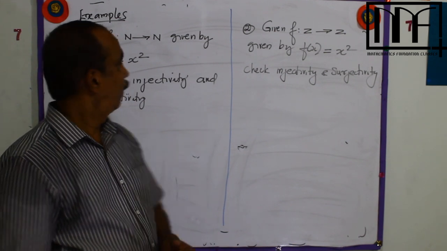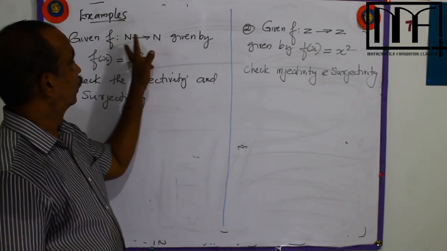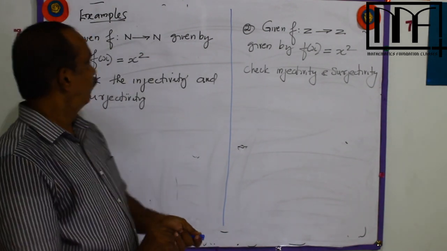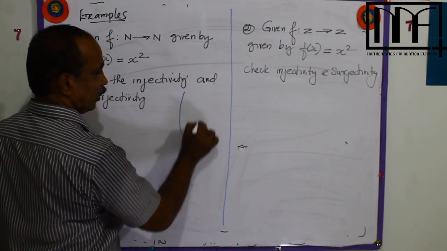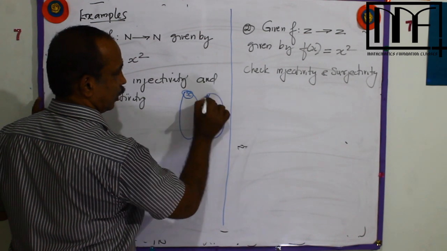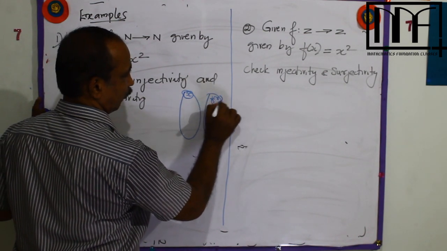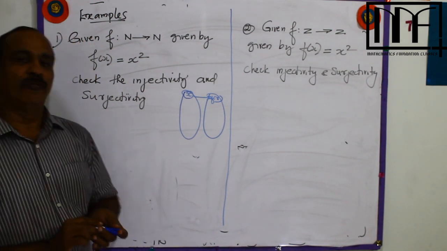We can see some examples of injectivity and surjectivity. Here we have one example: the function from N to N, natural numbers to natural numbers, given by f(x) equal to x square. Here x represents the domain elements and f(x) is the image of x.